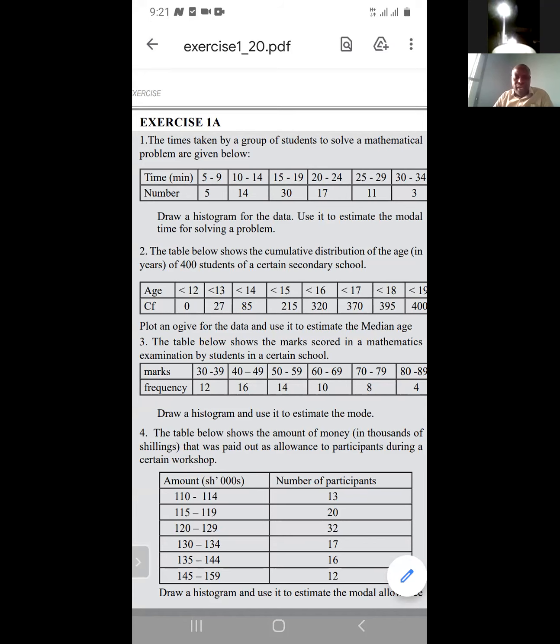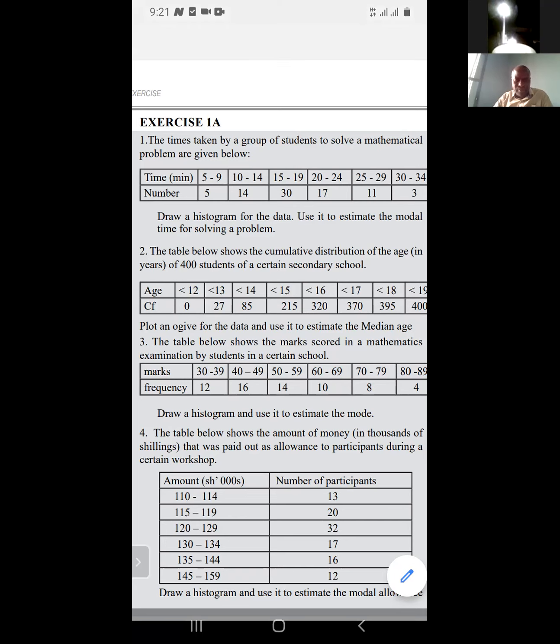So you can stop sharing. Then I try to draw the graph with you again, since people have seen the question. Thanks, Nambogo, for having the question. Can you stop sharing so that I can share my Blackboard? Thanks so much.